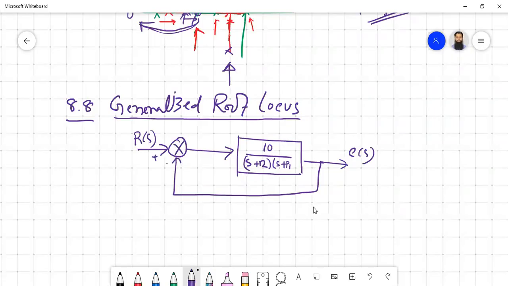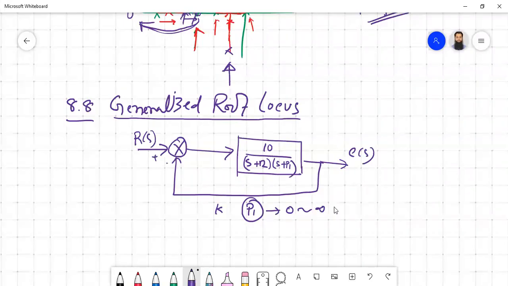Now they are asking, instead of K, say our parameter that we are interested to change is p1. We want to see if the value of p1 is changed from 0 to infinity, how the system is going to behave.